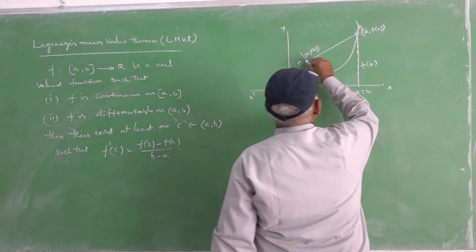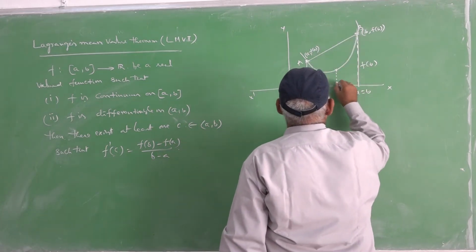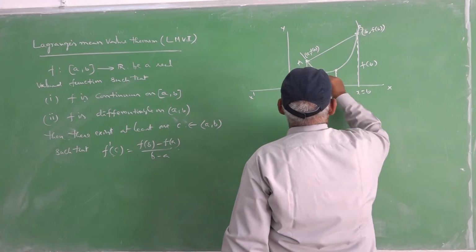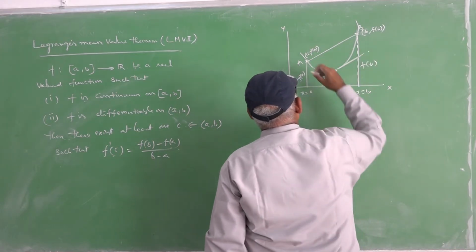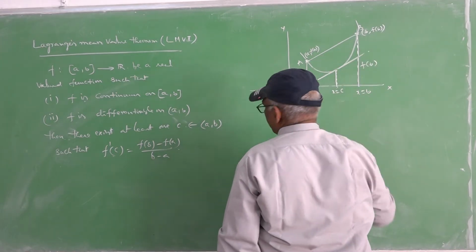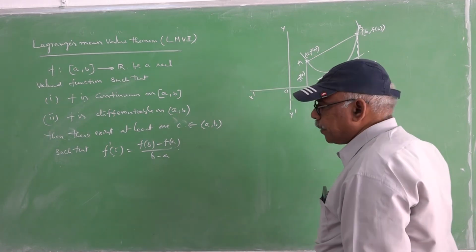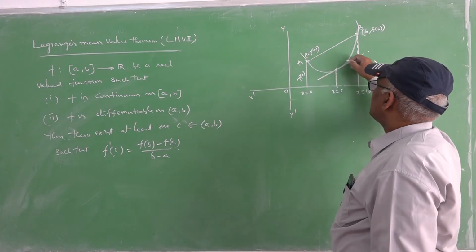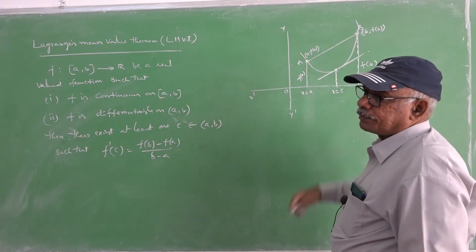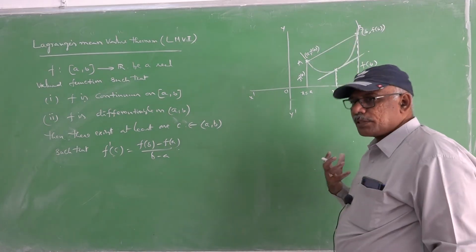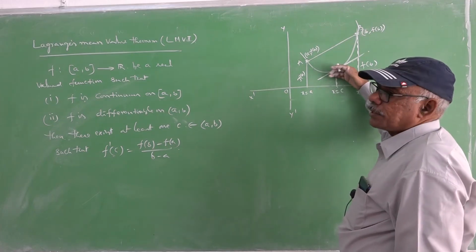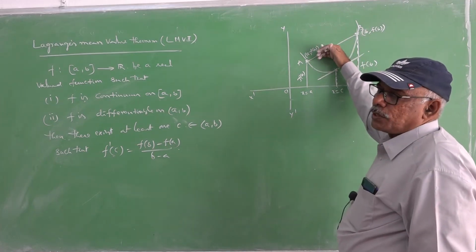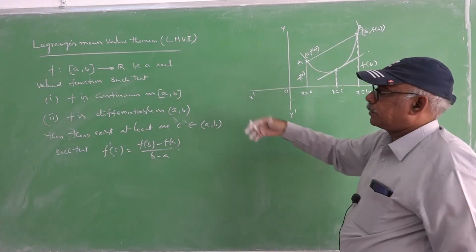This chord is always parallel to f dash c, a tangent drawn at an interior point in between a and b, such that there the tangent is parallel to this chord. Certainly there exists one such tangent, which is parallel to the line joining these two points.